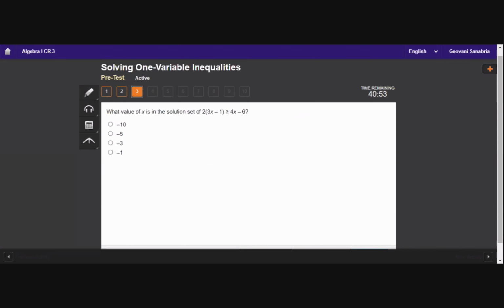All right, so I got 6x minus 2 for that when I distributed the 2, right? Yep. So then it's the greater sign, 4x minus 6. So again, I'll deal with the x's first. Sure. And either one works, right? So I'll divide 6x.